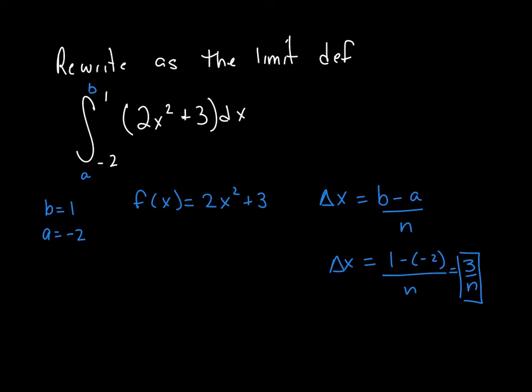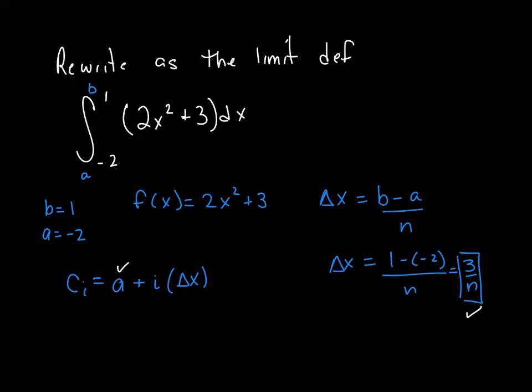All right, that's the first step. The next step is to find out what c of i is, and we talked about that in the last slide. C of i is just equal to a plus i times delta x. We just found delta x over here, and we have a.